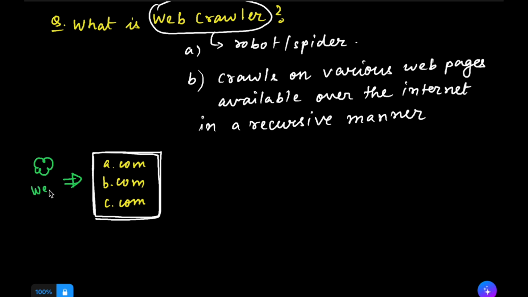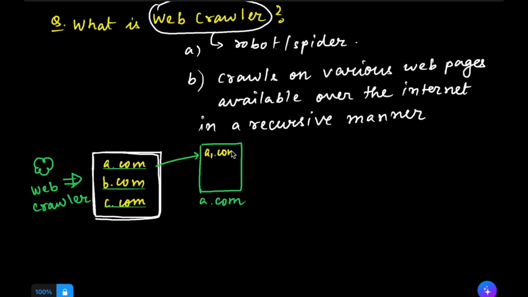The web crawler comes, visits each individual link, and downloads the web pages. Now once it's downloaded, let's say I visit this web page. In this web page, let's say I have an a1.com link, an a11.com link, an a12.com link, and there will be multiple links in this a.com web page.